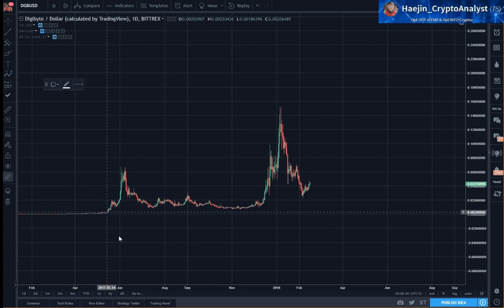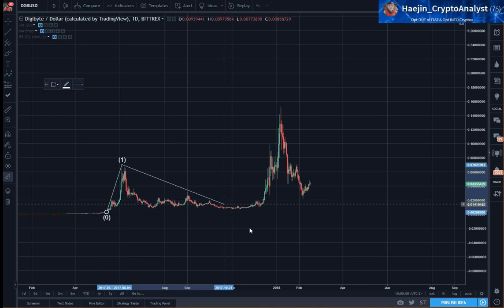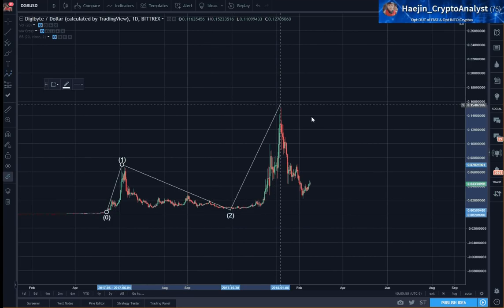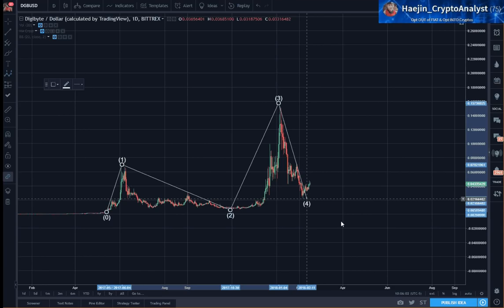The way I count this would be, here's wave 1, 2. You can't do 3 and 4 here because 4 cannot overlap with 1. So that's not allowed.